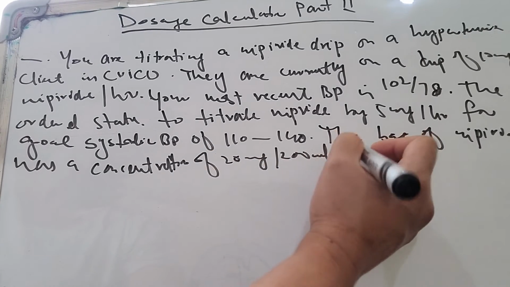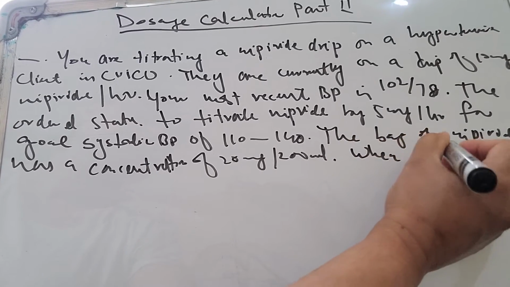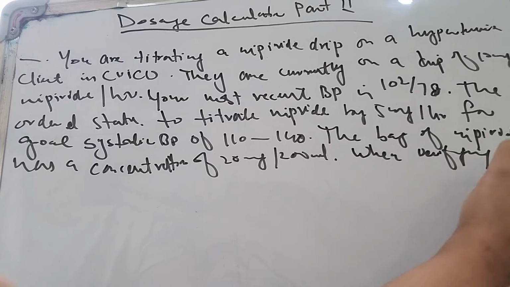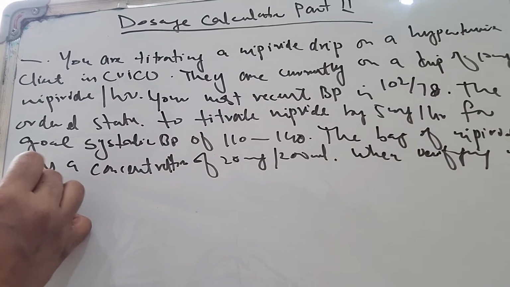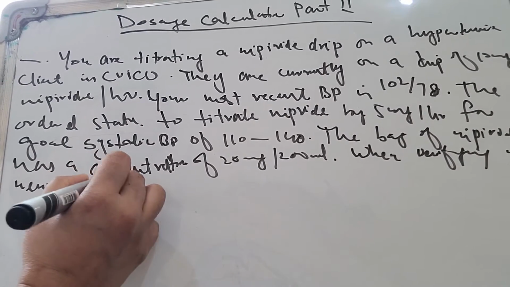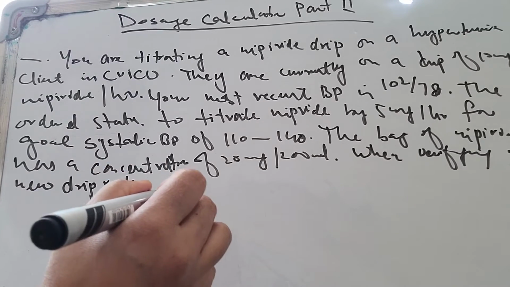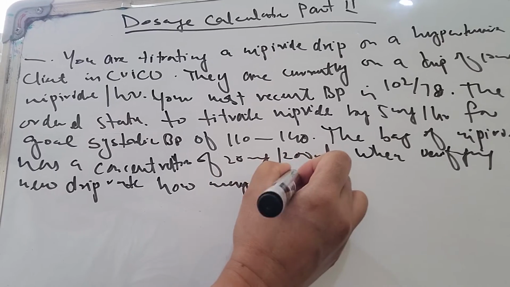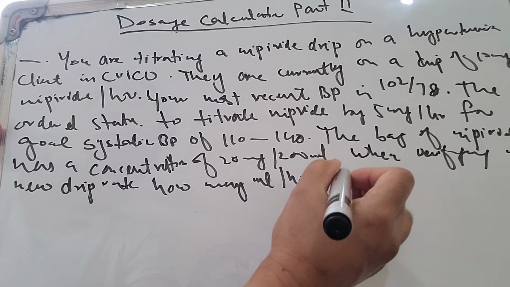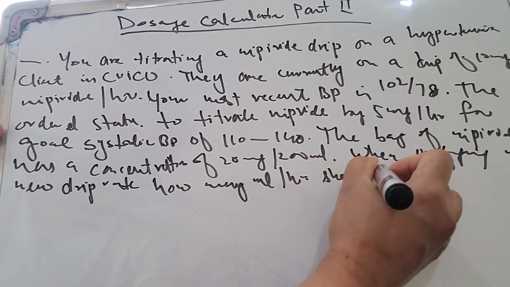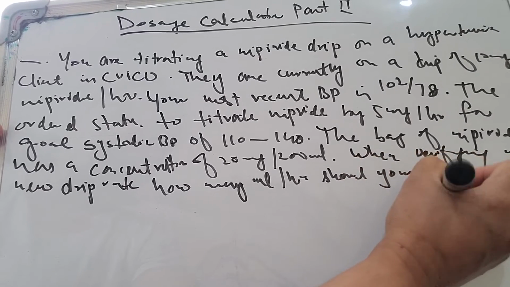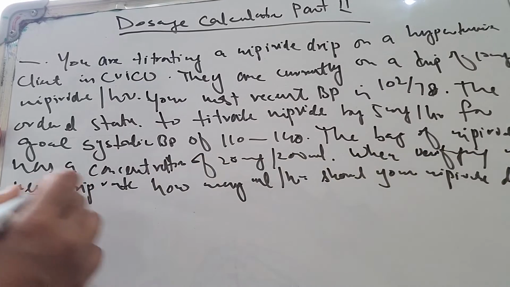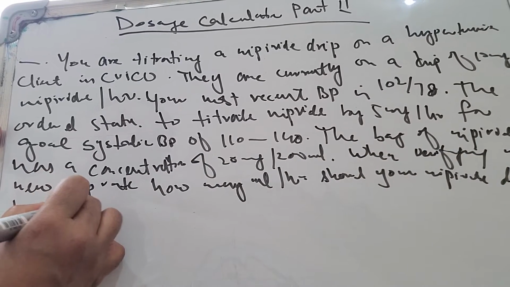When verifying your new drip rate, how many ml per hour should your nipiride drip be running at?